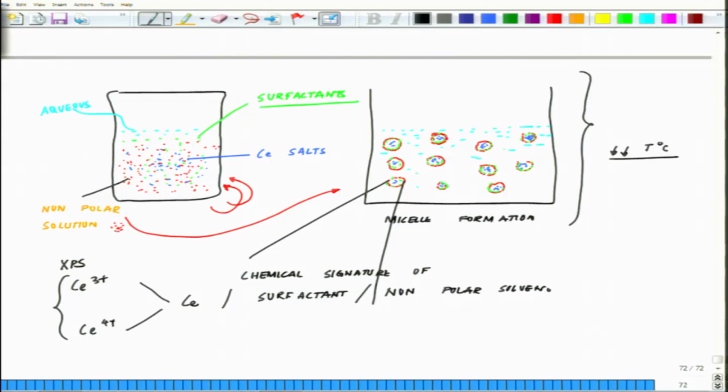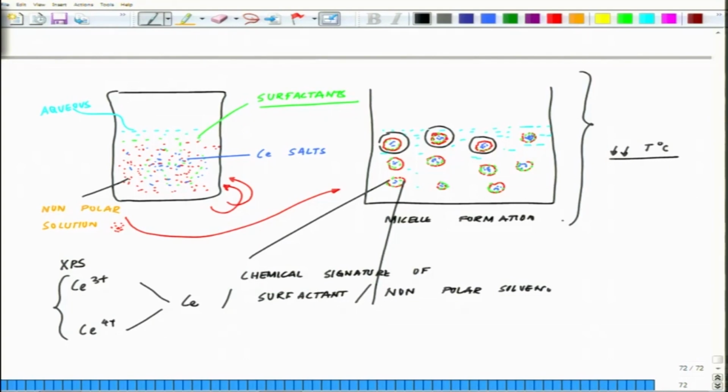So, this is what I was trying to highlight, that whenever you are synthesizing these kinds of particles, you should know how you are getting there, because unless you are sure about the genesis, how this particle has been formed, it is really tough. Now, when you compare and look at their overall geometry, this is that unique spherical shape and pretty soft.